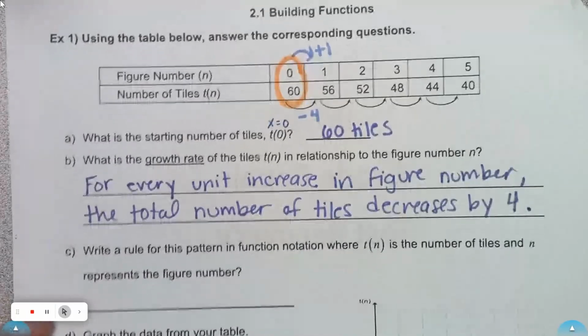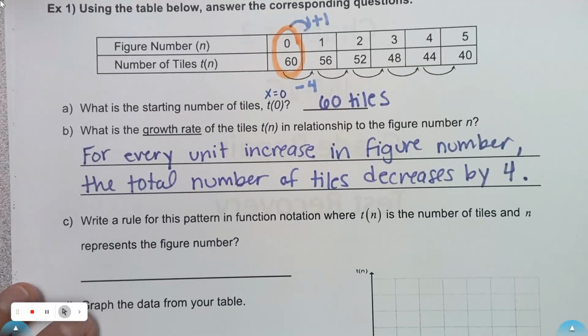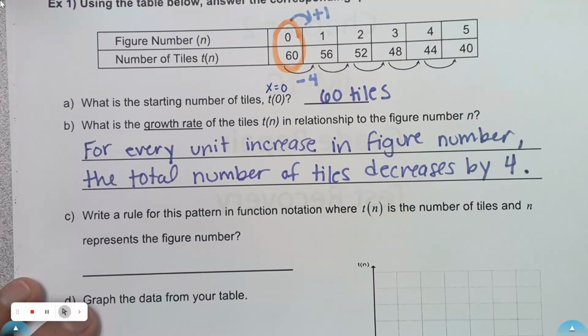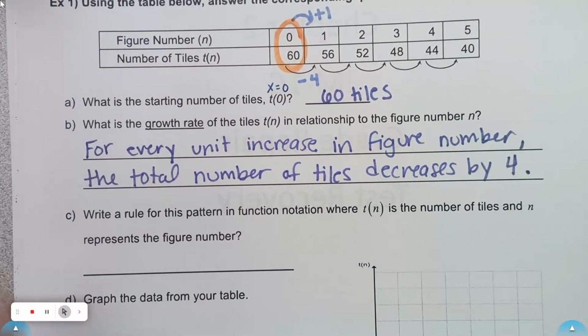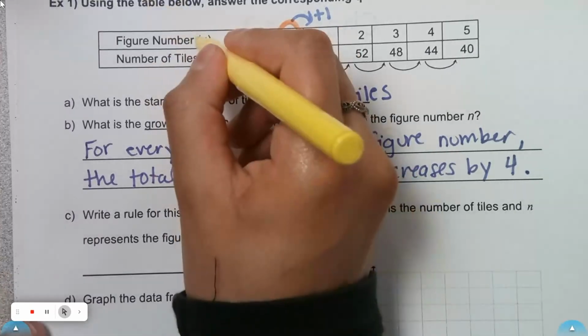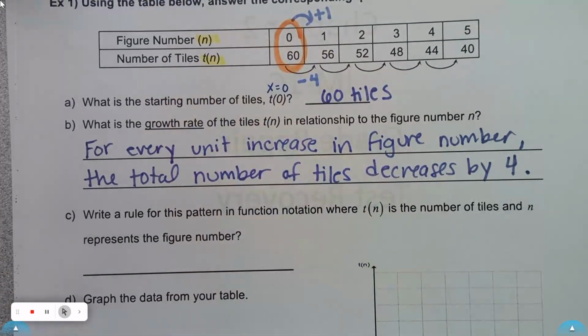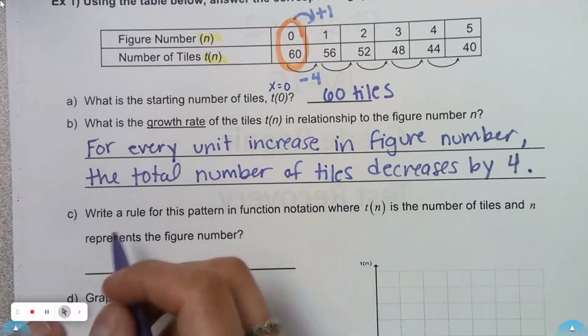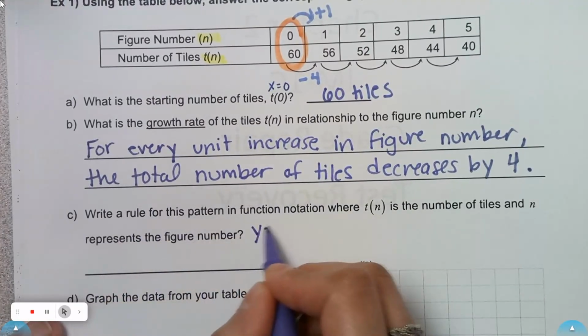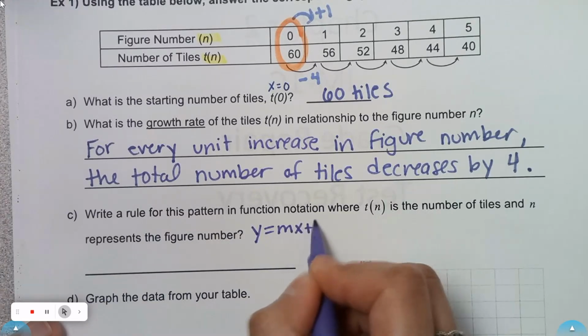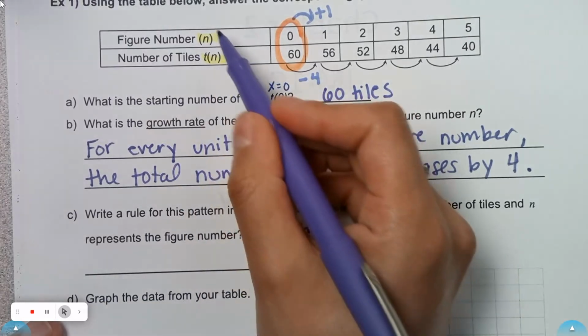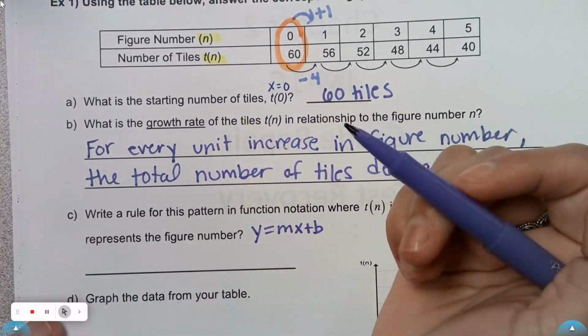All right, part C says write a rule for this pattern in function notation. Remember, rule just means equation, and be careful because your problem tells you what letters to use. So I'm going to use these letters or these variables. Normally we write it in the form of y equals mx plus b, but I'm going to use the letters that they give me.